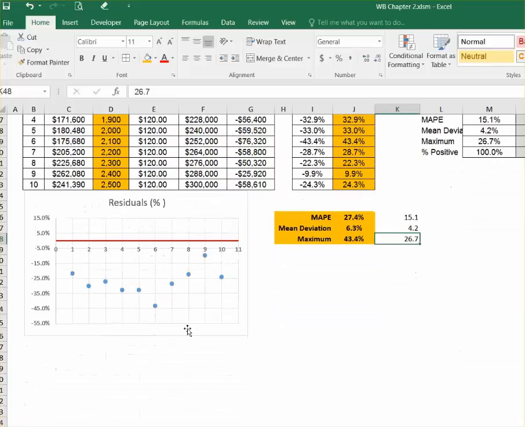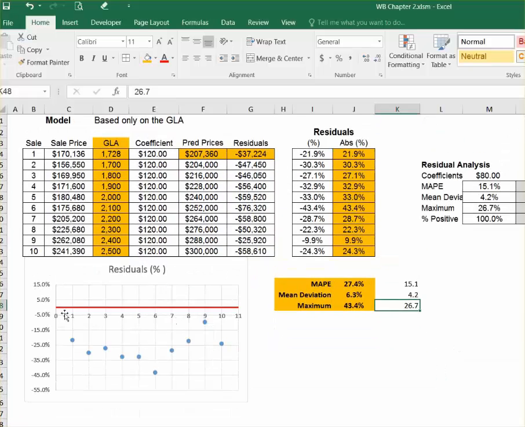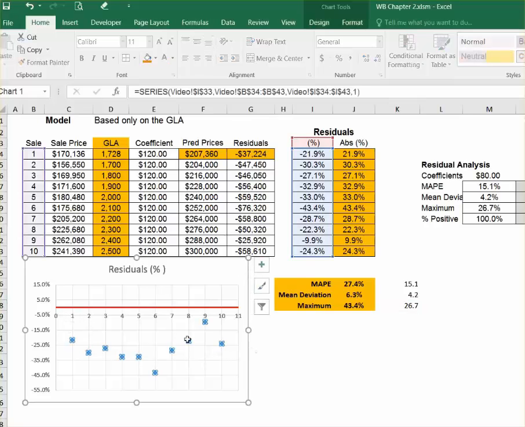Now let's look at our chart here. This chart actually shows, when I click on one, it'll show you what it is. It shows these numbers right here. It shows the percentage of the residual to the sales price, and it plots them down here. And you can see that the one that's 43%, that's this one right here.